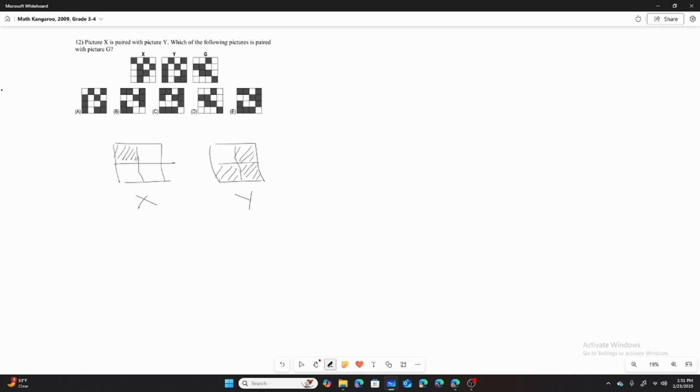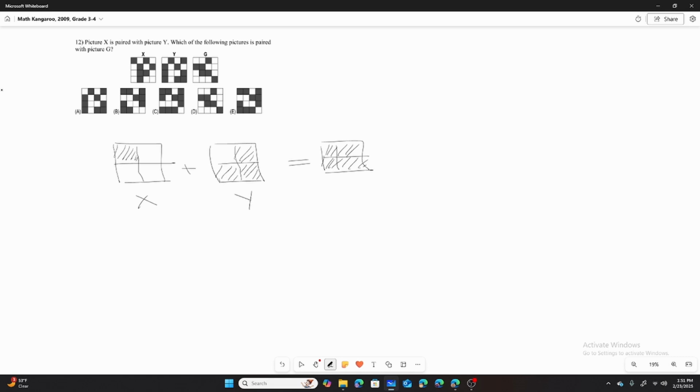So I hope this is clear. Okay. So now, in some sense, X and Y are a complement of each other. So if you add them all together, then it would always be shaded for all the squares.